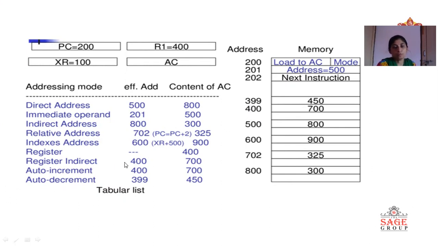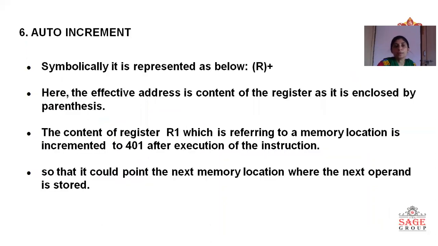In auto decrement, first the address is decremented to 399 and 450 is loaded into the accumulator. So before execution, the effective address is reduced by 1, and the operand at that address is loaded into the accumulator. These are the examples of auto increment and auto decrement.